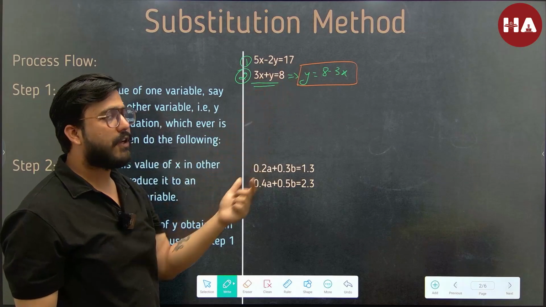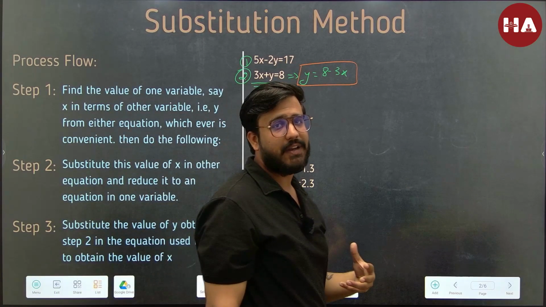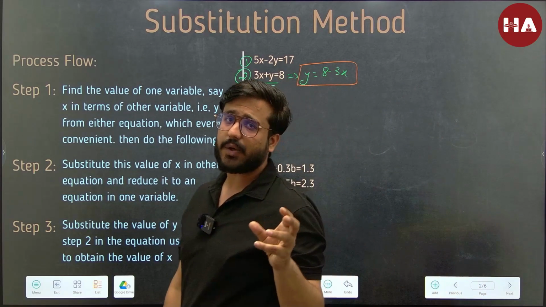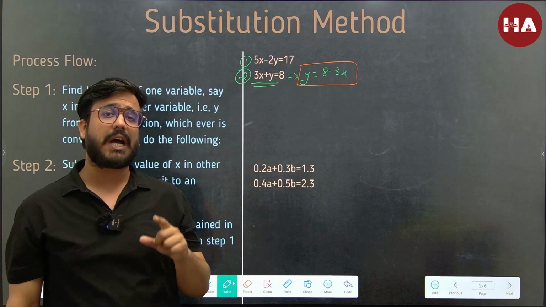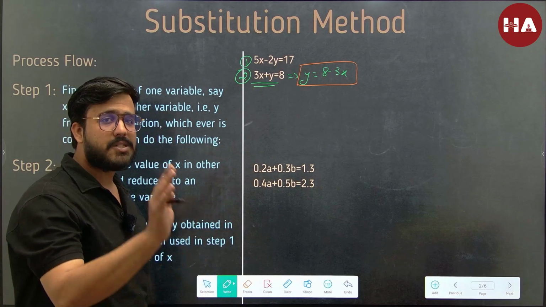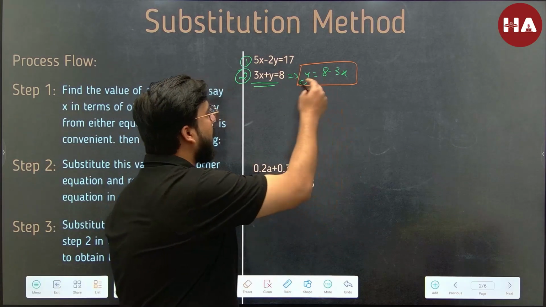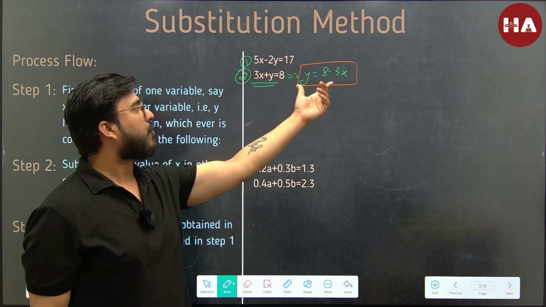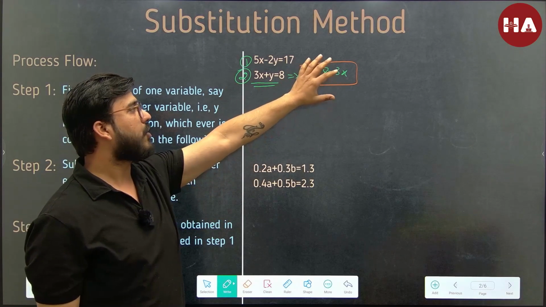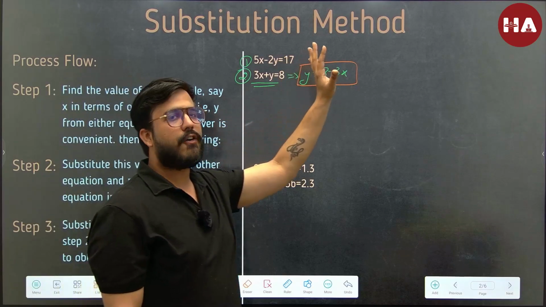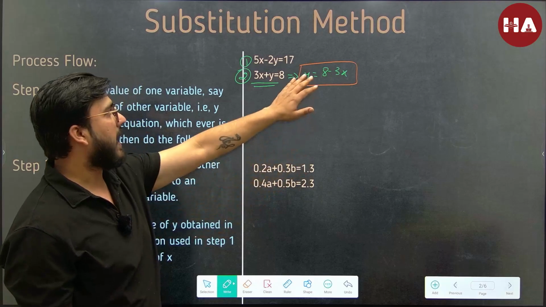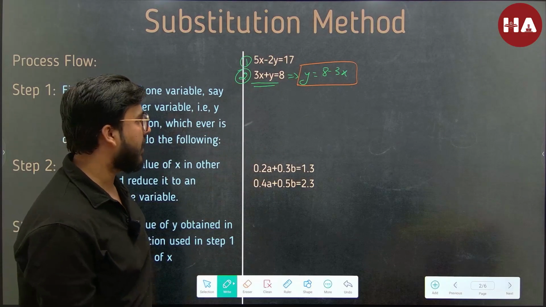If you are making a subject of any variable from one equation, you have to substitute that value in the other equation. Please avoid formulating your values from equation 2 and substituting in equation 2 only. You have to pull out the value of a variable singly, making it the subject, and substitute in the other equation.